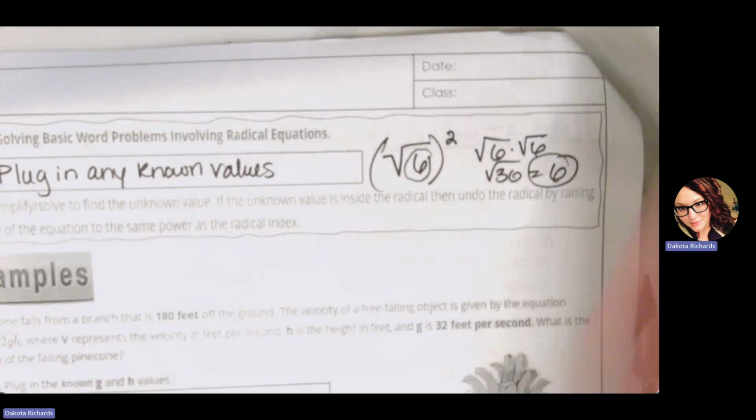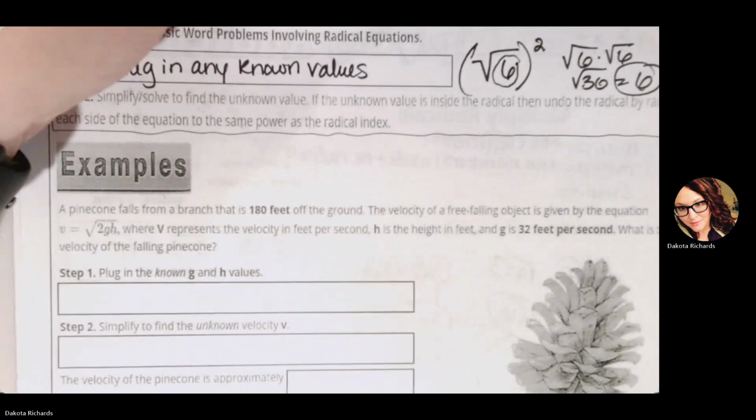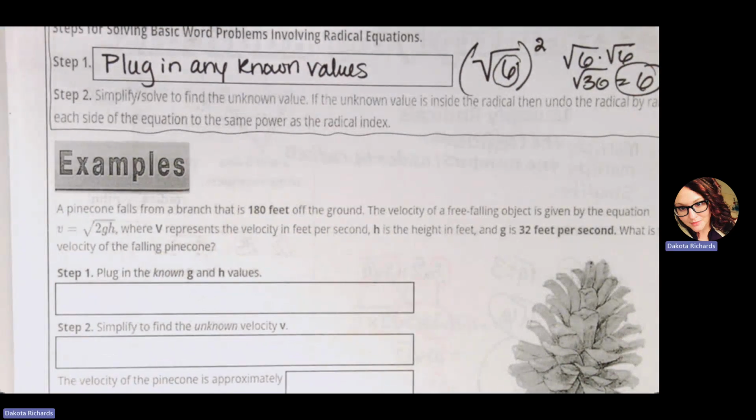So some examples. A pine cone falls from a branch that is 180 feet off the ground.